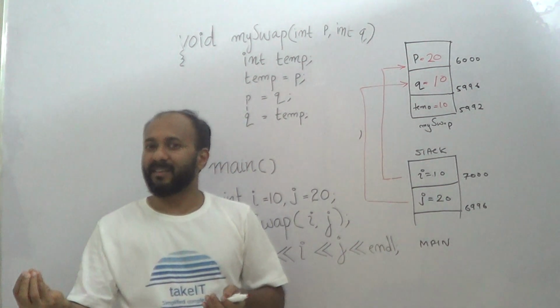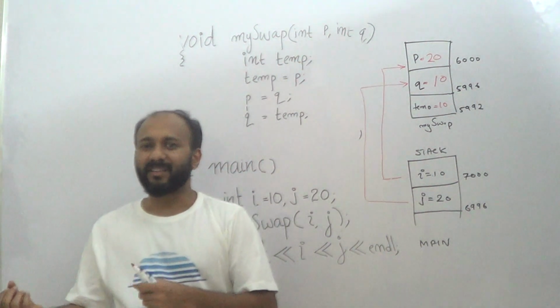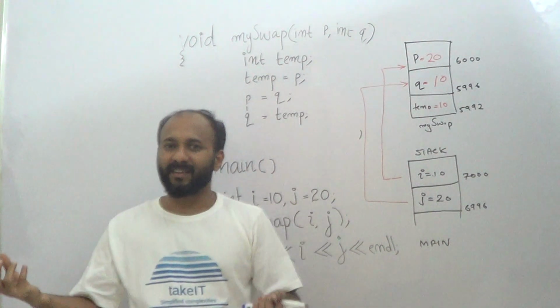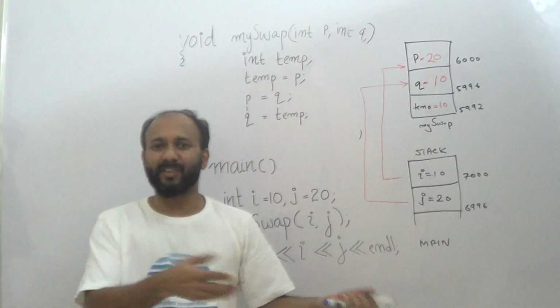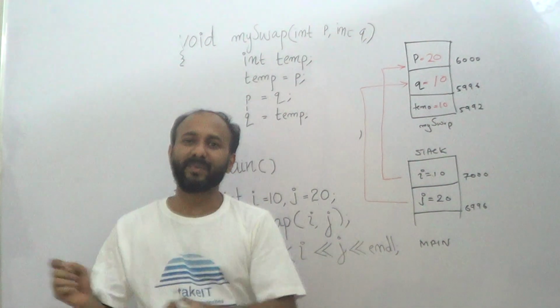If you want to hold the address of an integer variable, you need an integer pointer. If you want to hold the address of a character variable, you need a character pointer. If you want to hold the address of an elephant, you need an elephant pointer. So the pointer should be of the same type as the variable.